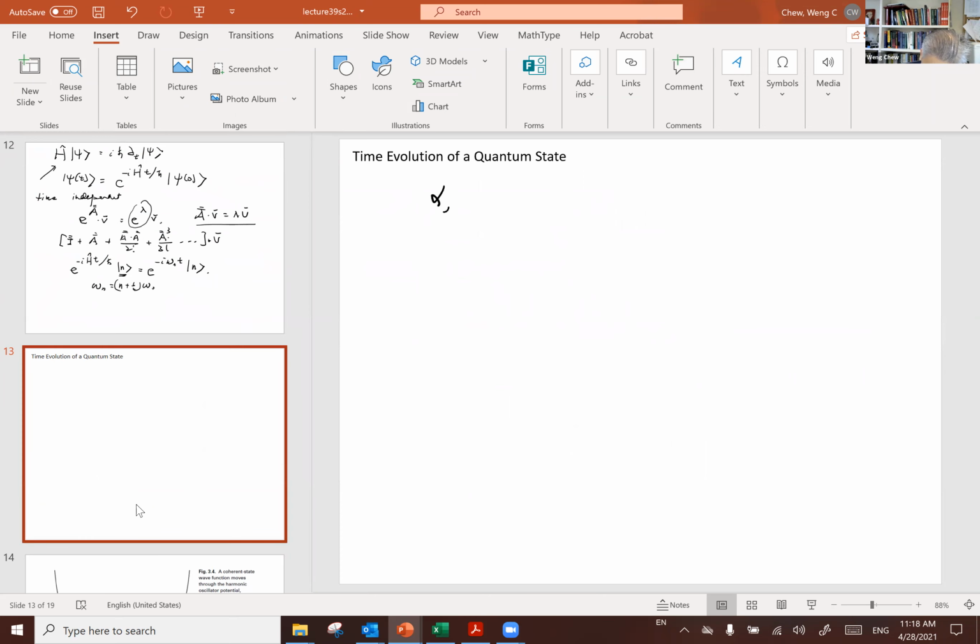So if you can time evolve this coherent state, you find that the coherent state as a function of time would become something that depends on time out there, and then having a coherent state where the complex number is a function of time as well. You can find that this is true.